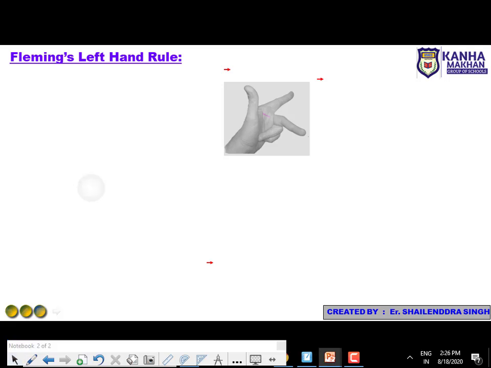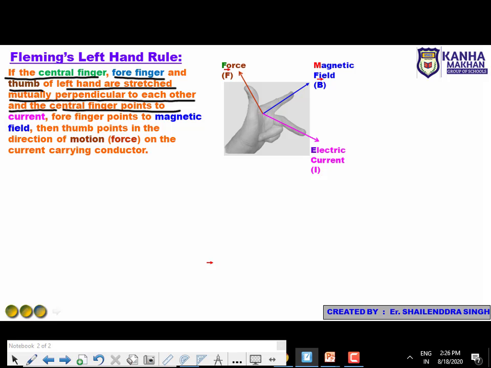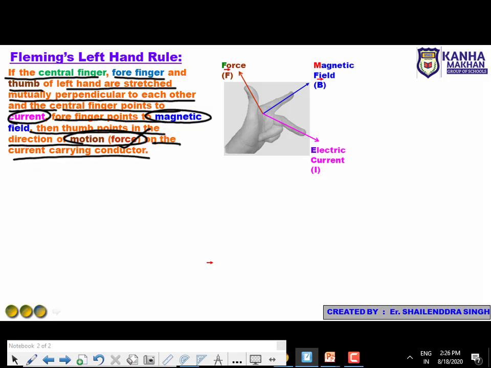Here it is given the left hand, and according to the left hand, if the electric current is directed along one finger, the magnetic field along another, then the force is along the thumb. So, what is Fleming's left hand rule? If the forefinger and the thumb of the left hand are stretched mutually perpendicular to each other, and the central finger points to the direction of the current, the forefinger points to the direction of the magnetic field, then in this situation the thumb will point in the direction of the motion as well as the force in the current carrying conductor.